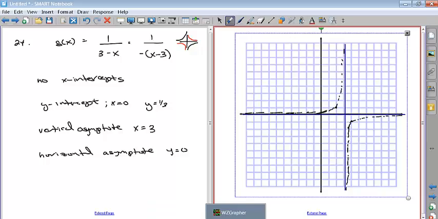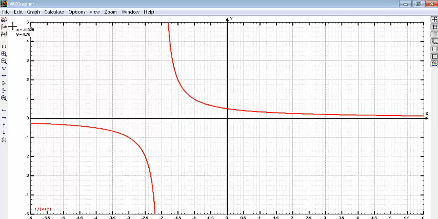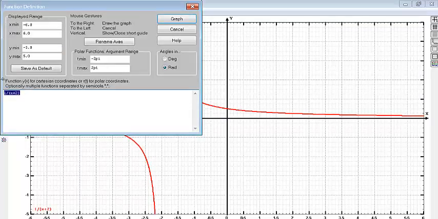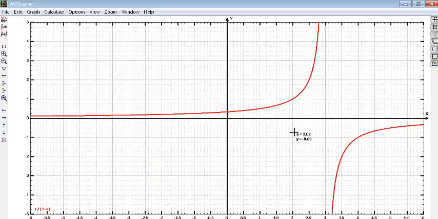Okay, so let's plot this thing. 1 over 3 minus x. And do we graph it? There it is. So what we see here, this vertical line would be the vertical asymptote. The horizontal asymptote, you see, goes to 0. If I go from this point of symmetry, I go over 1, up 1.